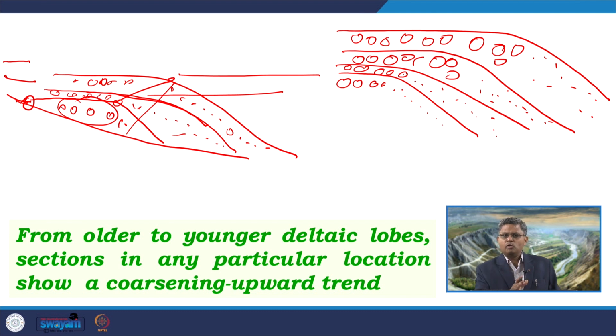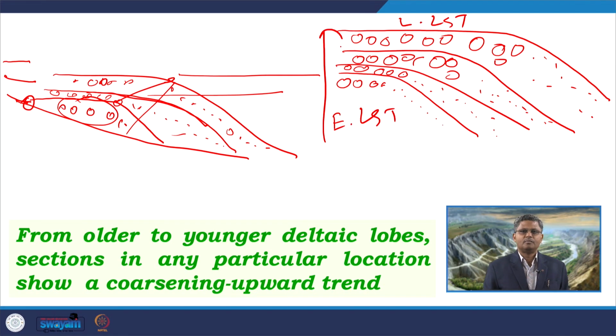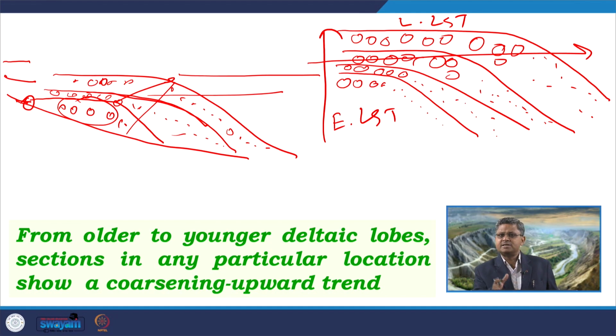So, if I look at the distribution of average grain size, it is decreasing gradually within the entire delta lobes in successive successions. This is the early LST phase, and this is the late LST phase. So, within individual delta lobes, as I move from onshore to offshore direction, the average grain size gradually decreases.